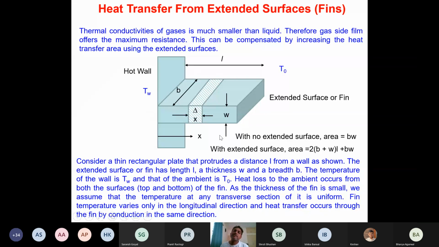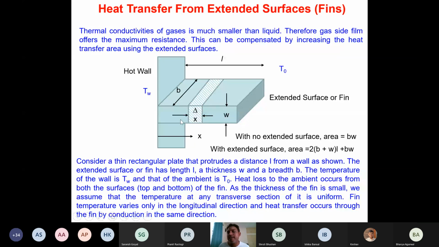The aim of this extended surface is that I wanted to dissipate the maximum amount of heat from this vertical plane, isn't it? Whatever heat is getting transferred from this vertical plane, I wanted the maximum amount dissipated to the ambient, and therefore I have used this extended surface.